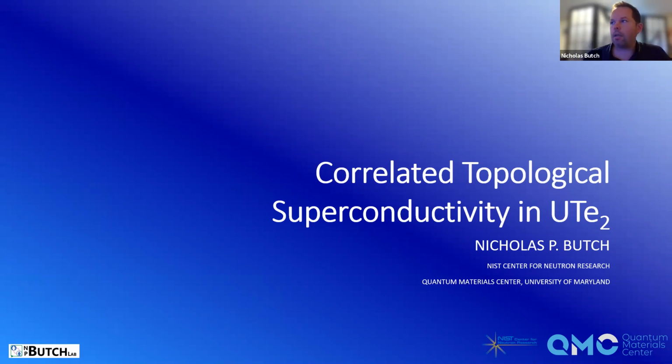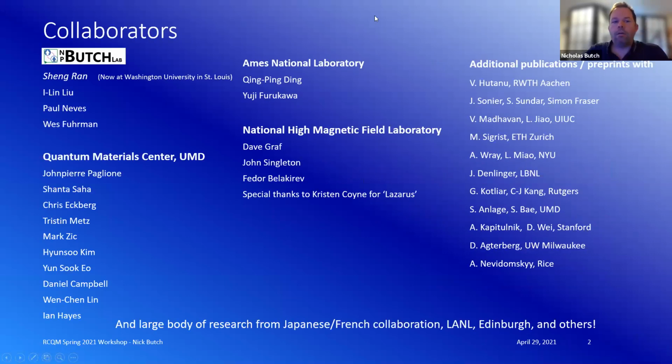Before I get started, I will figure out how to do this. Okay. So I want to just acknowledge collaborators, and I'm not going to read everybody's names, but Sheng Ran was my postdoc at the time when all this happened. He is now faculty at Washington University in St. Louis. We work closely with JP's group at University of Maryland, and the initial paper also had work from Yuji Furukawa's group at Ames.